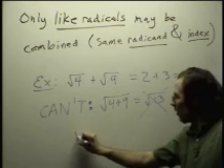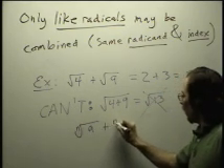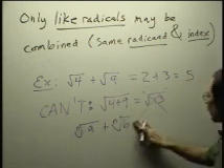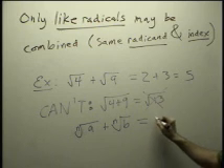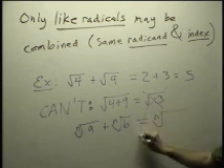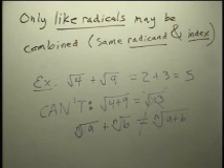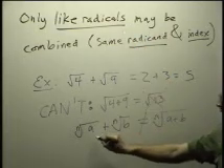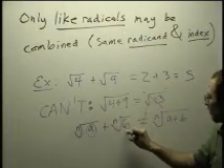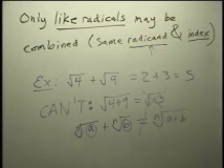So, you cannot take two radical expressions and add them by adding their radicands. This is not acceptable. You can only combine like radicals. These are not like radicals because their radicands are different and they must be the same to combine them.